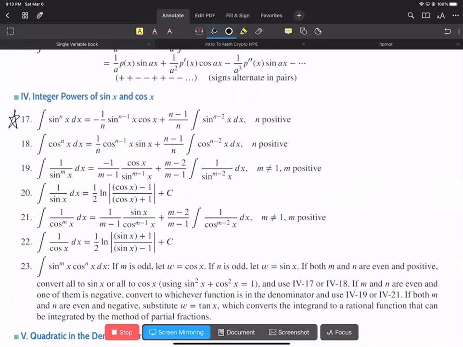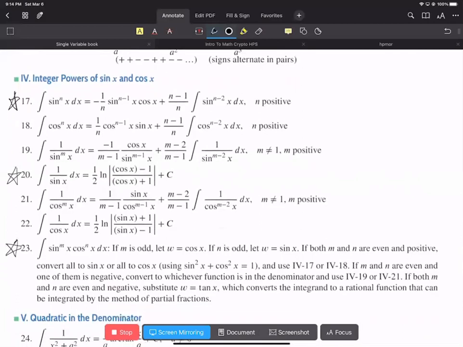I'm not going to worry too much about these when the sine and cosine are on the bottom. Although I might do something like number 20 to show you where that comes from later. That's going to use a later idea. And then this one, I want to actually show you some examples. If m or n is odd, that's this first couple of sentences. I'm going to show you an example of this.